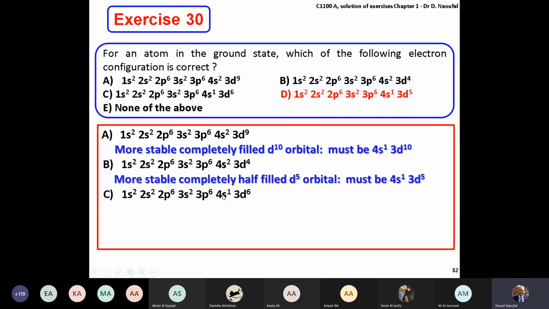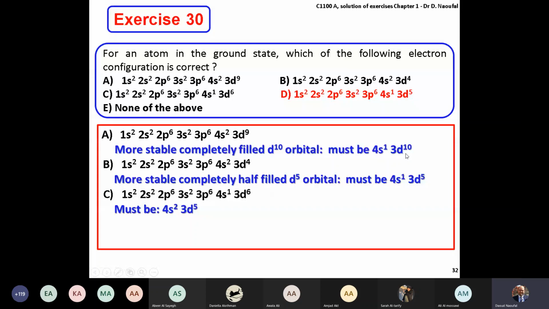So it should be 4s2, 3d5. So C is incorrect. Now a student asked why, in 4s2, 3d9, the electron passes to d.